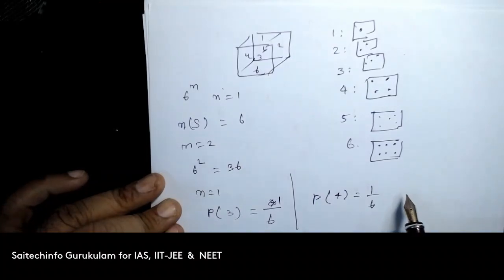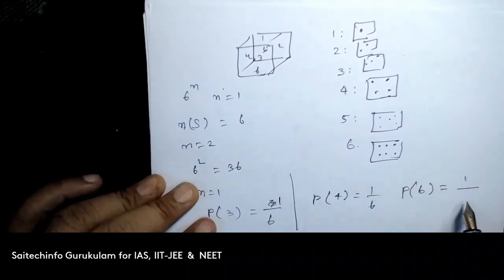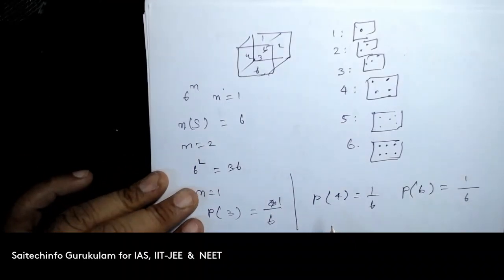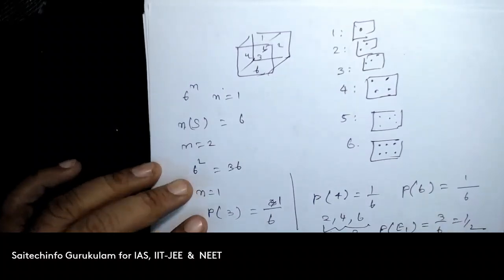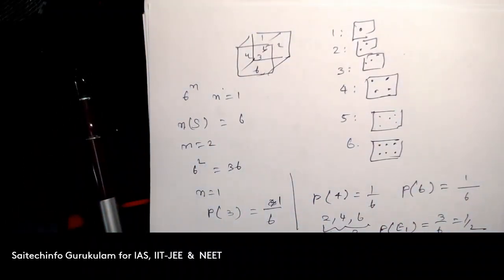Okay, and probability of getting 6 will be number of 6 is 1 divided by 6. Probability of getting even numbers. What are even numbers? 2, 4, 6. So in that case 3. So probability of getting an even number, 3 by 6, that is 1 by 2. So likewise, you should be able to give the probability based on the dice.